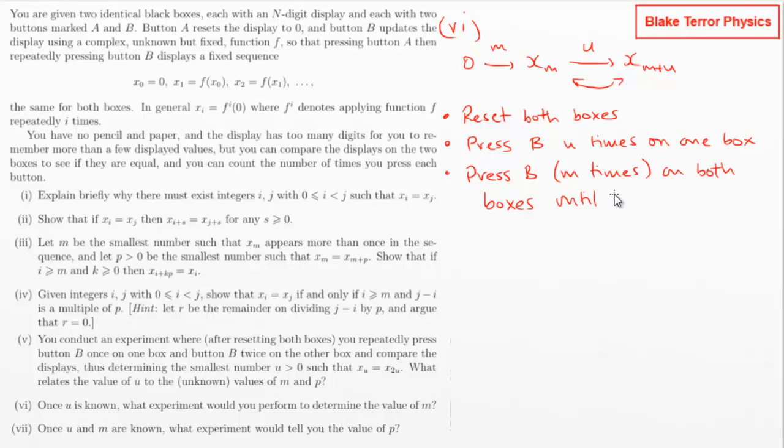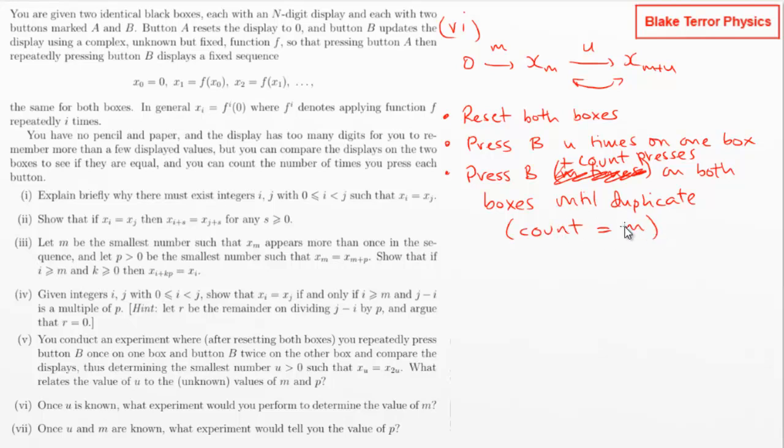I've said m times, it's kind of preempting the answer. So we press B and count presses, I think is what we really want to say. So press B and count presses on both boxes until we get a duplicate, and the count equals m.